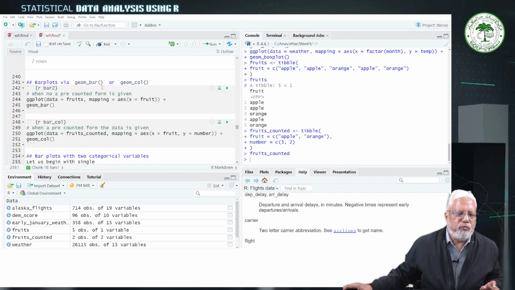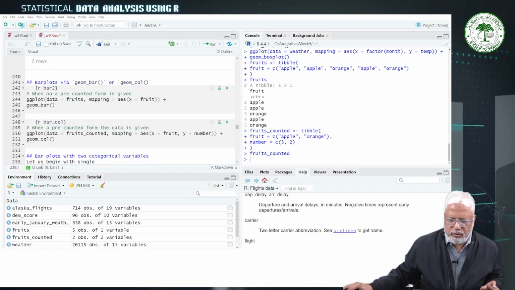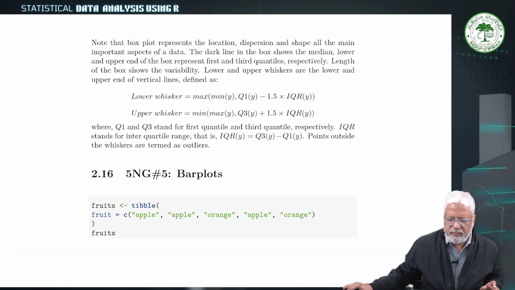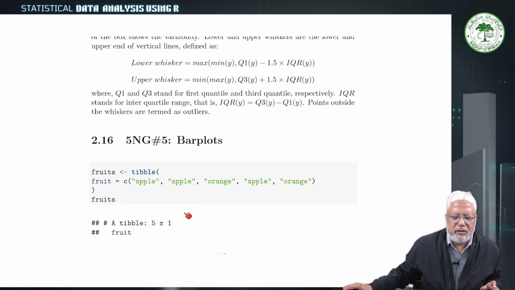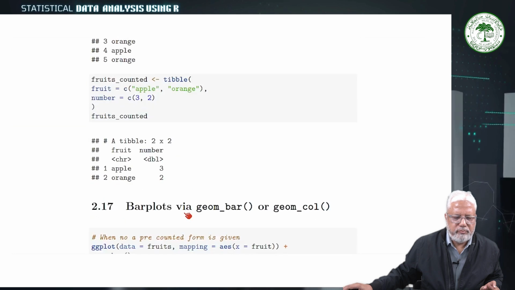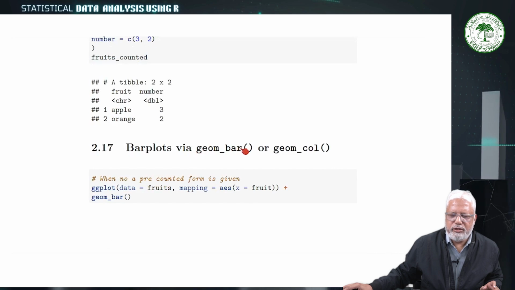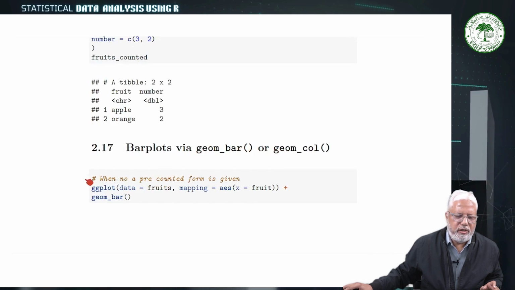Now, bar plot via geom_bar or geom_col. So, first I would like to go into the PDF, and here I have already shown these things. Now, bar plot via geom_bar or geom_col.